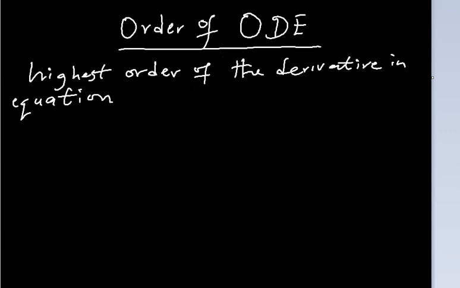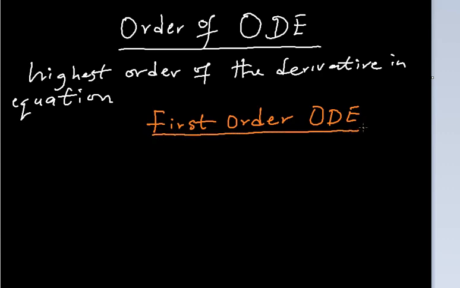Now let's look at them one after the other. A first order ODE simply means that the highest order of the derivative in the function is the first order.